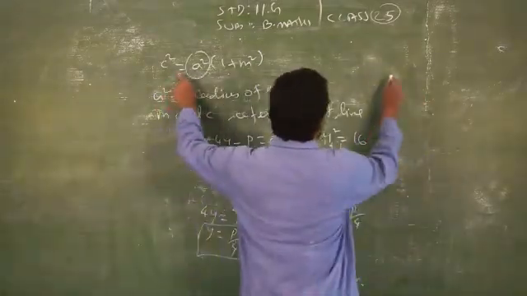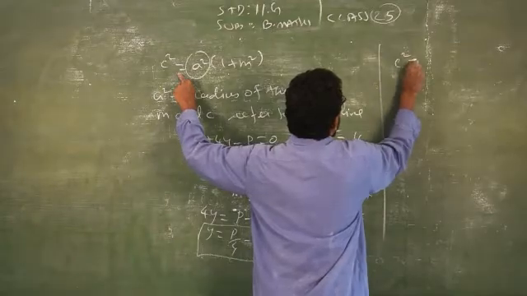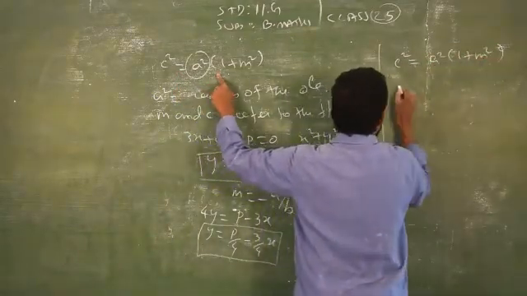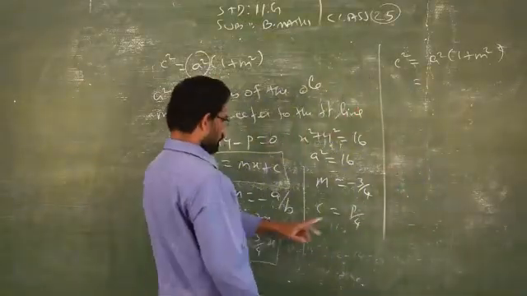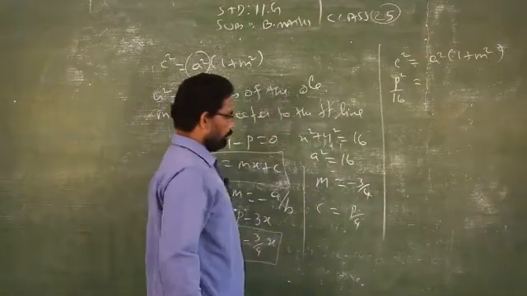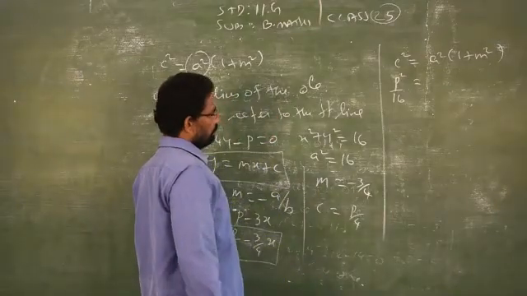So what is the formula? The condition is c square equals a square into 1 plus m square. So c square: what is your c? p by 4, and when you square it, you get p square by 16.